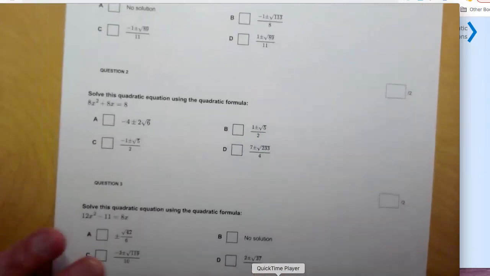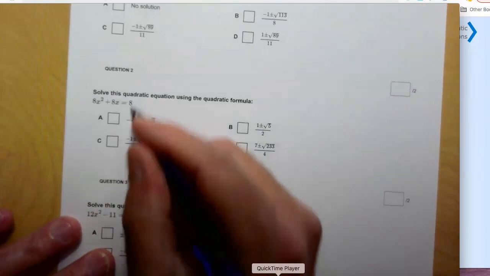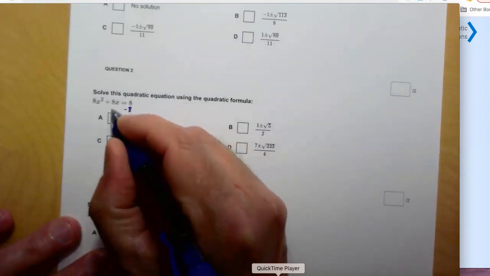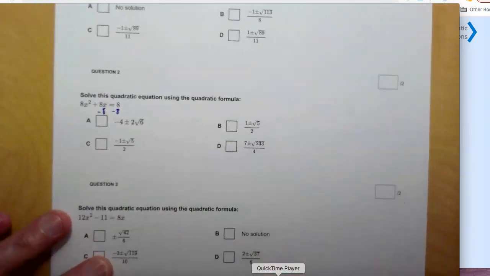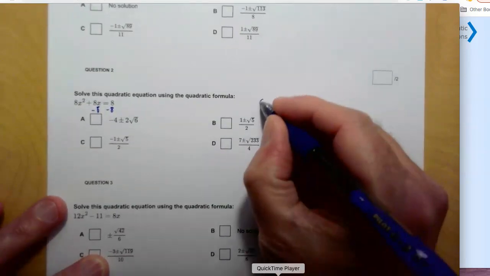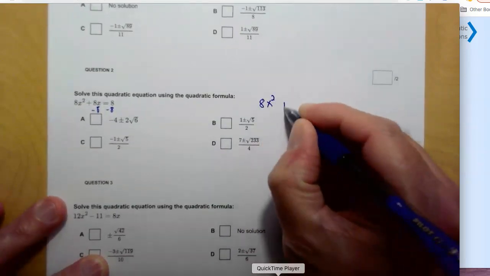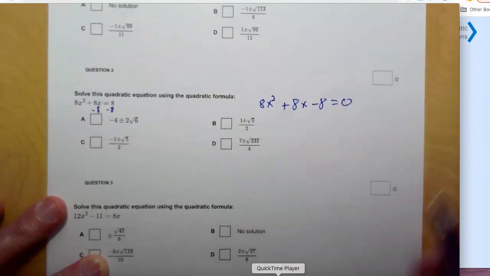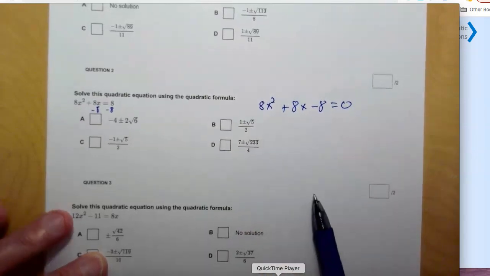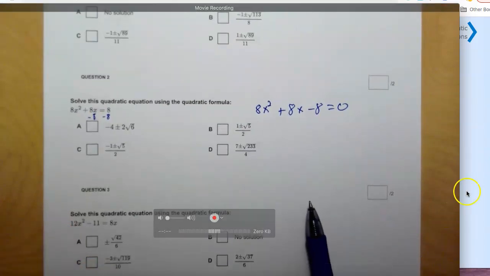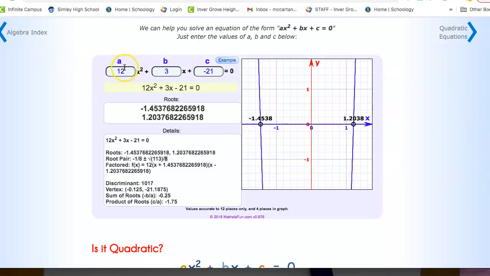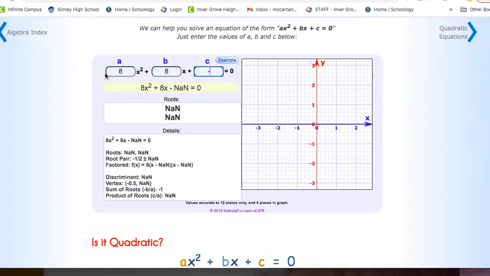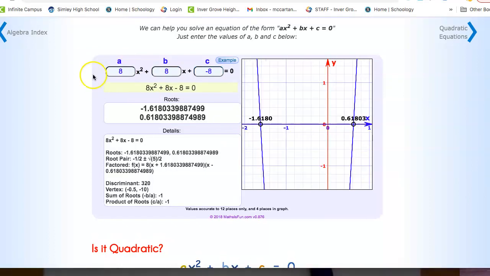All right, we got to kind of hustle here. I got to subtract 8 from both sides first to get it in standard form. So this is 8x squared plus 8x minus 8 equals 0. 8, 8, negative 8. Go to the quad formula solver. This was 8 tab 8 tab negative 8.